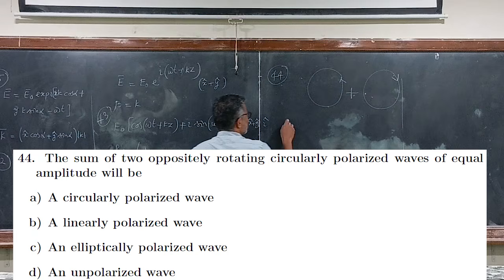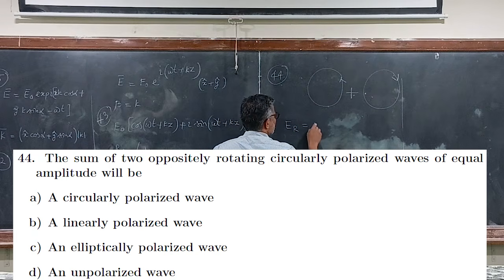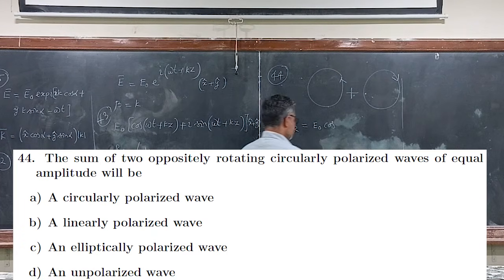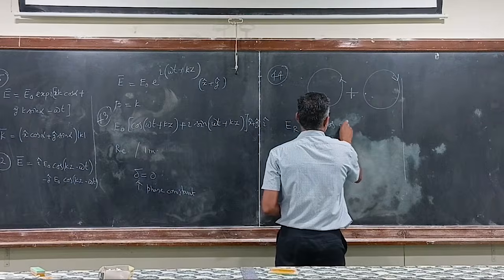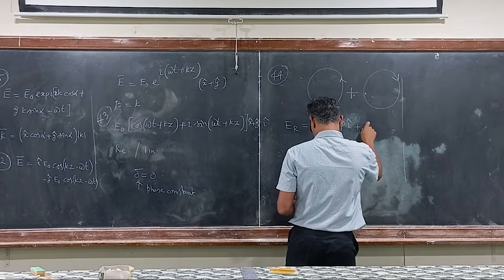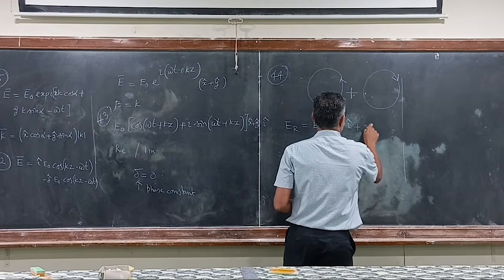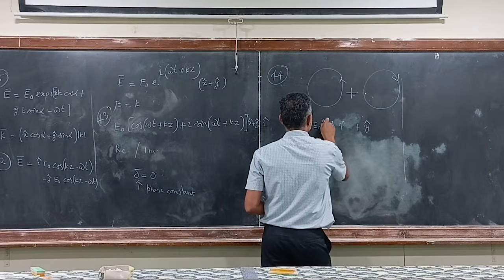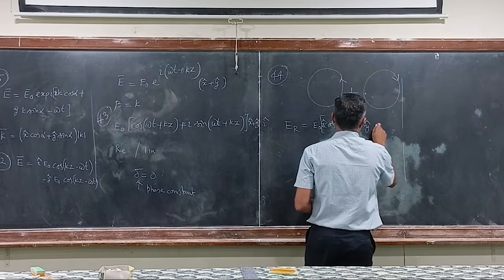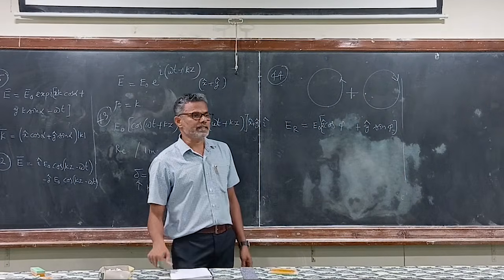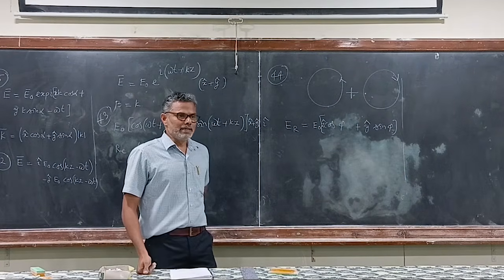Let's consider your left or right circular will be E0 cos. If I say right circular, what is the concept? Cos phi along x cap plus y cap sin phi. Just now you have seen that for the right circular the angle must be pi by 2.